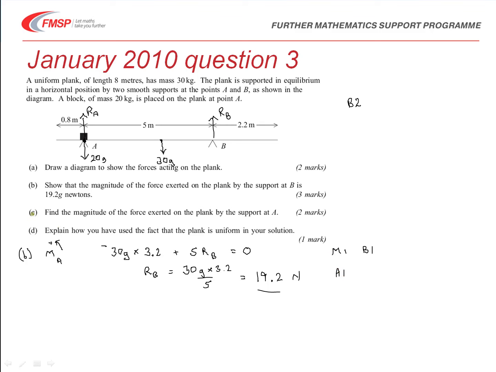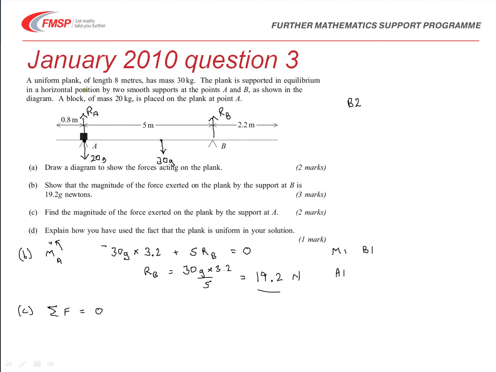Okay, moving on then to part C. Says find the magnitude of the force exerted on the plank at the support A. Well, to do part C, we know that the sum of the forces must equal 0 for equilibrium. Total sum of all the forces must equal 0.